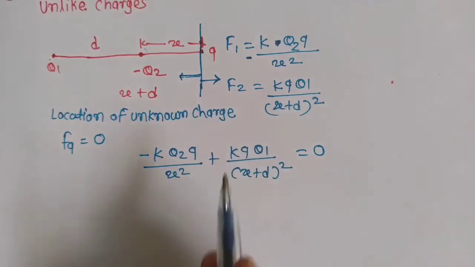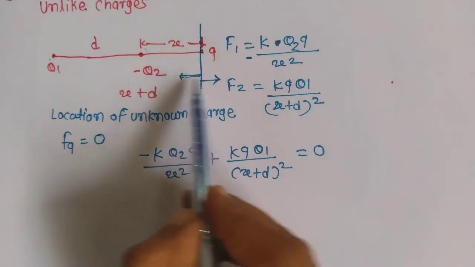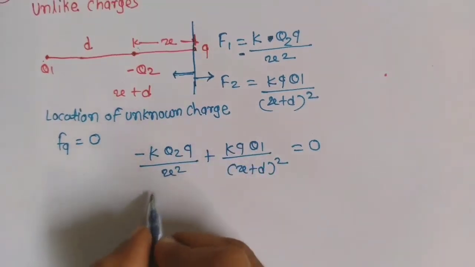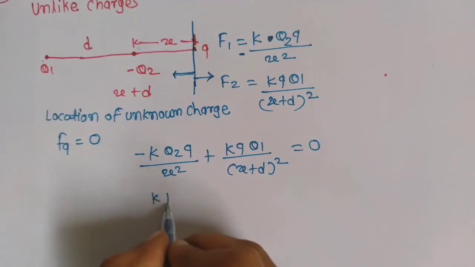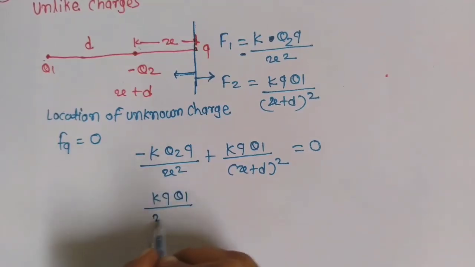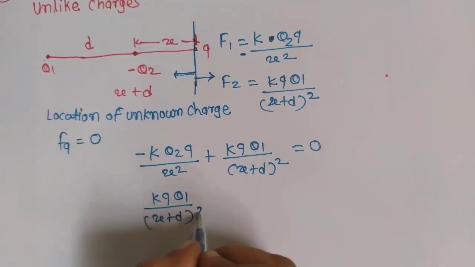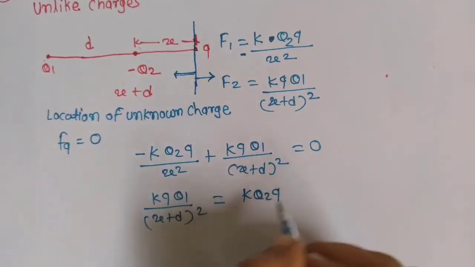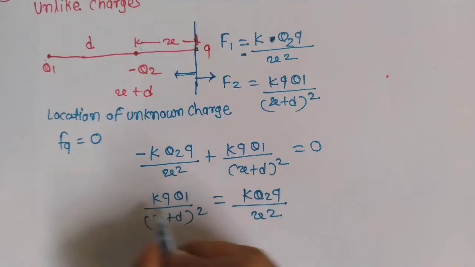Or simply we can equate it when both directions are opposite. We can simply equate it, but we took this step, so we can write it as kQQ1 upon (x plus d) square is equal to kQ1Q upon x square. When it goes here, it becomes positive.